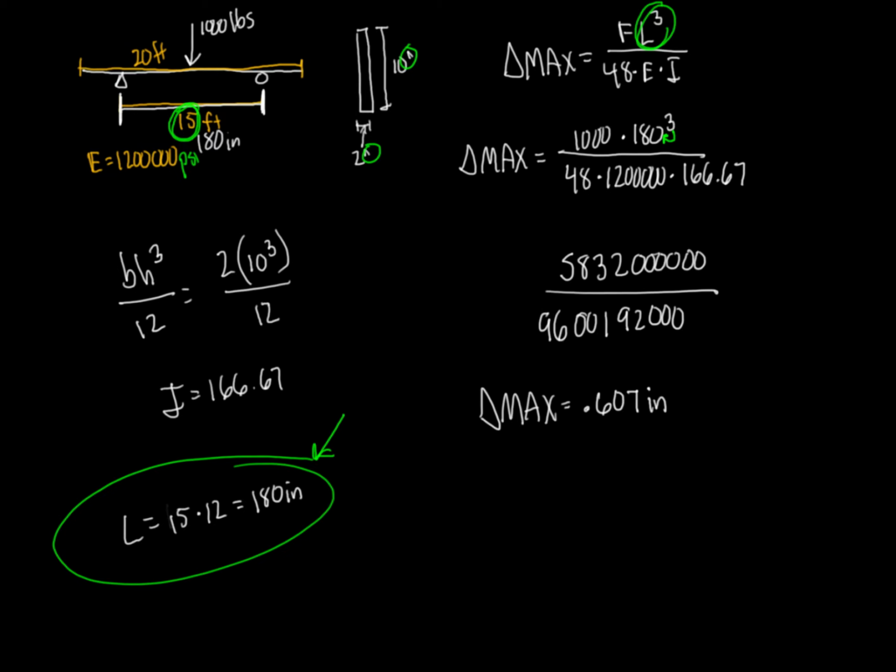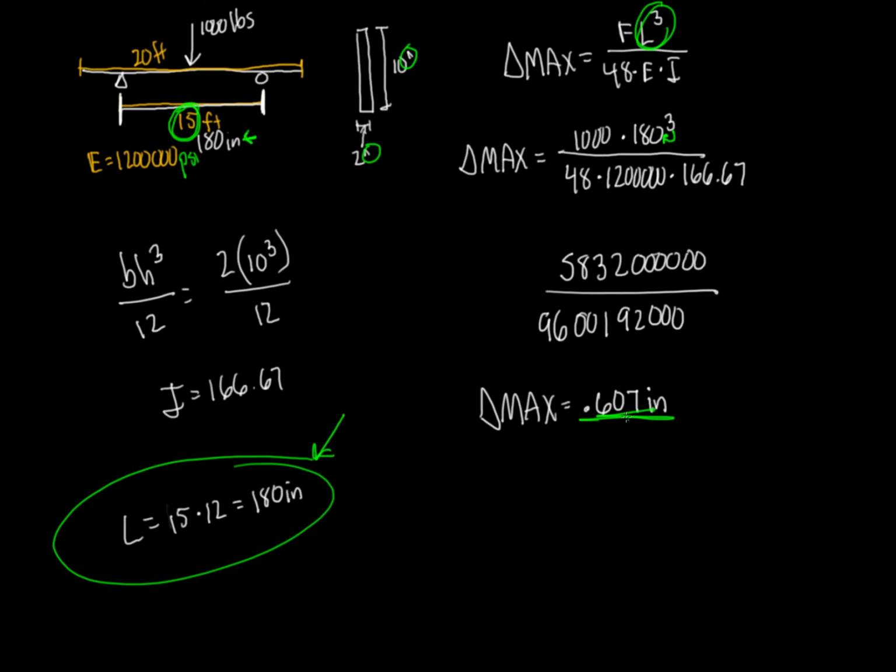A couple other things to keep in mind: this number here is not going to be very big. If you're getting numbers that are the same as or pretty close to your length, or larger, you probably did something wrong. This number is not going to be significant.